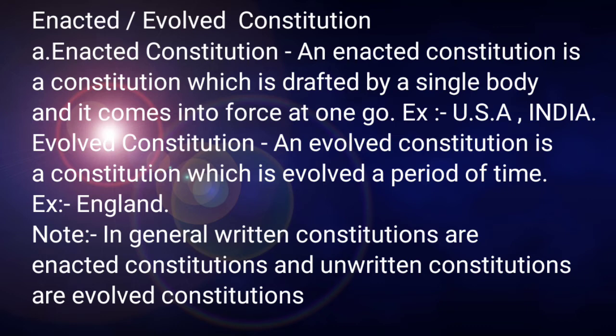So till 1215, the British king was an absolute monarch, like the King of Saudi now. He can do anything. He can execute anyone. He can change the constitution. But a constitutional monarch also can do anything but within the limits prescribed by the constitution.